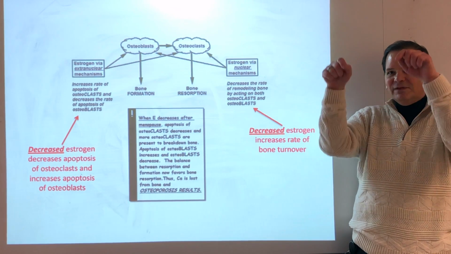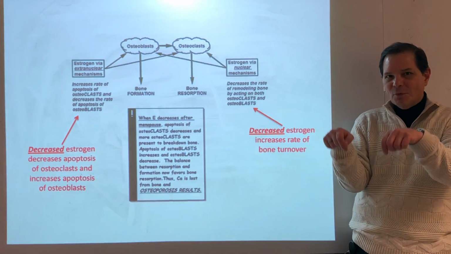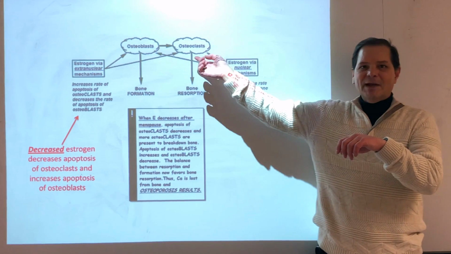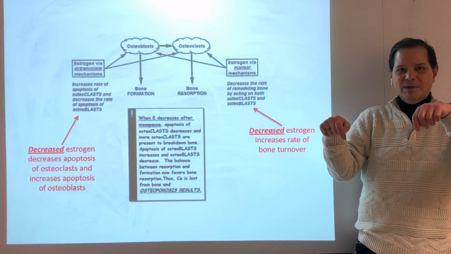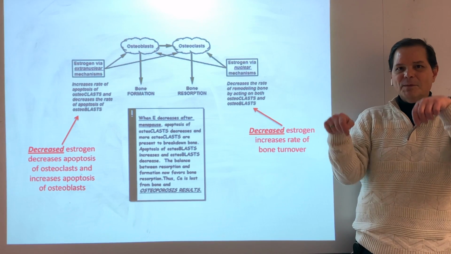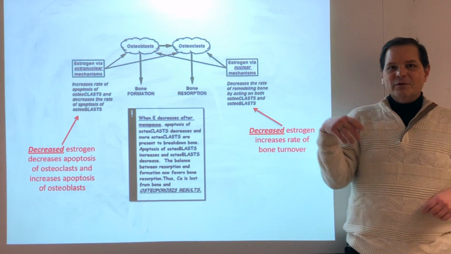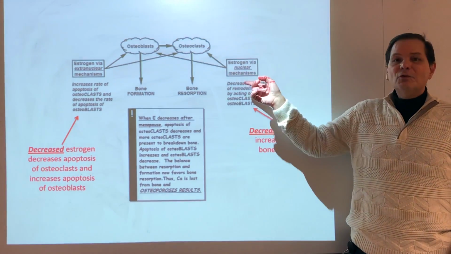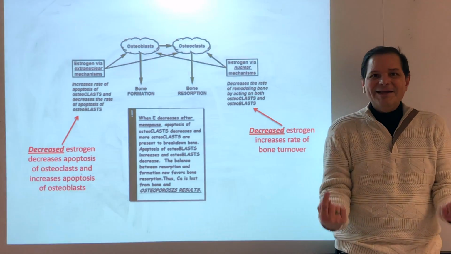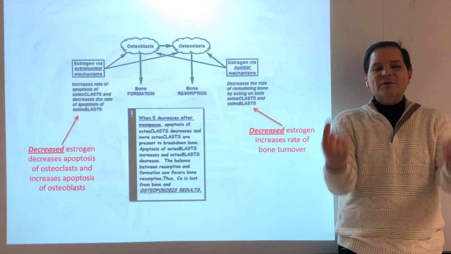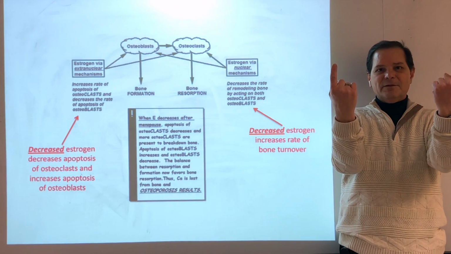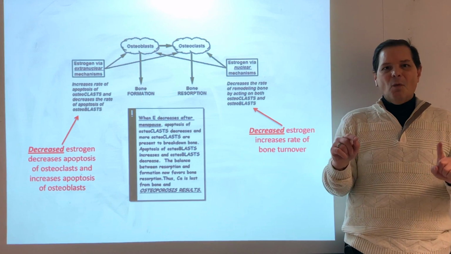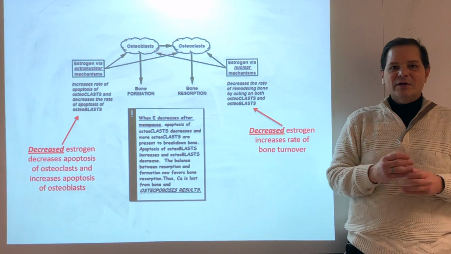So as you decrease the turnover, you decrease both activities by estrogen and testosterone by the nuclear mechanism. Both activities go down in parallel. So you decrease bone turnover, but you decrease both the same. So when you decrease estrogen, due to the effect of the nuclear mechanism, you are increasing bone turnover, you're increasing both the same.